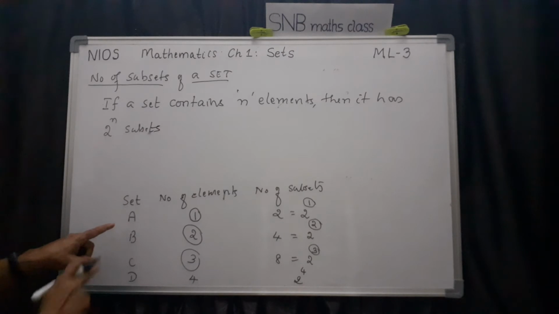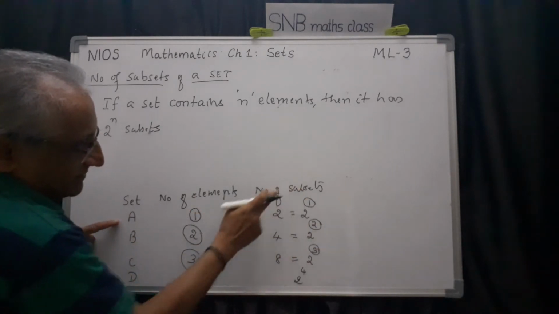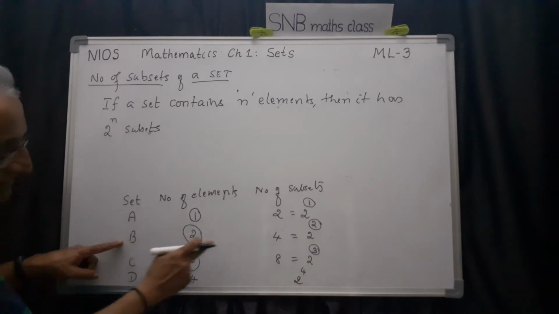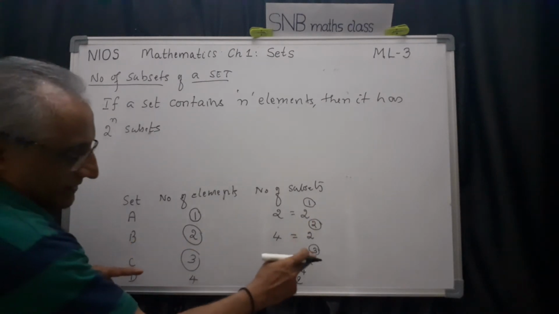So that is the thing. For example, a set contains one element, it has 2 to the power 1 subsets. A set contains two elements, 2 to the power 2, that is 4 subsets. 3 elements, 2 power 3, 8 subsets.